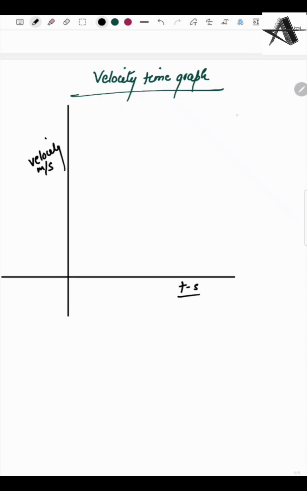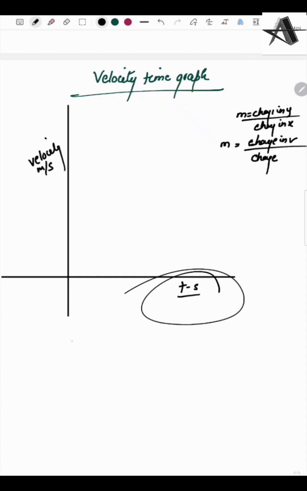Gradient is what? Same, gradient is change in y over change in x. What is written here on the y-axis? Change in velocity. m is gradient. y equals mx plus c. What is m there? Gradient. So that's why I'm representing gradient with m. So change in velocity over change in x, the x-axis being time.